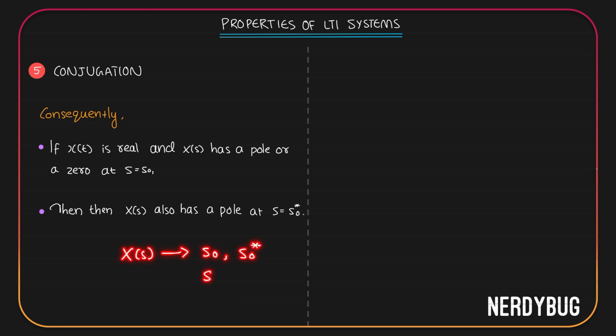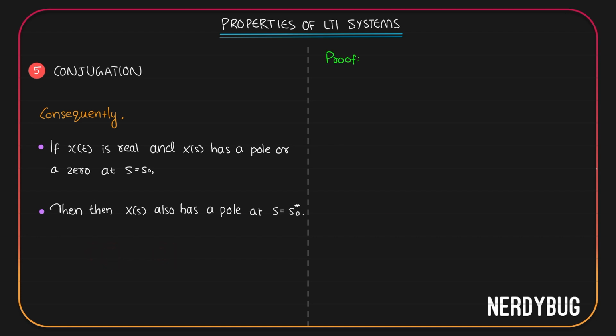If it has a zero at s1, it also has another zero at s1 conjugate. For example, let us say some x of s of a real function x of t has a pole at 1 plus j. Then it will have another pole at 1 minus j also.